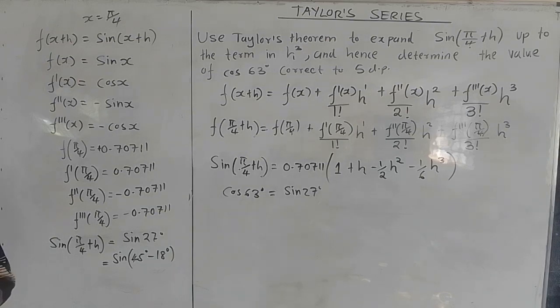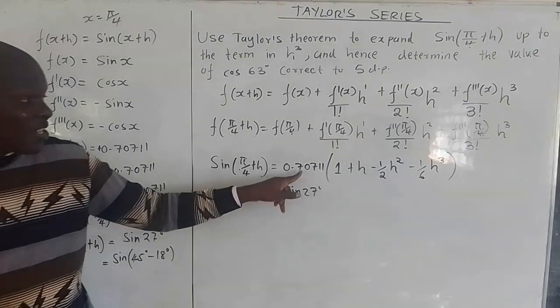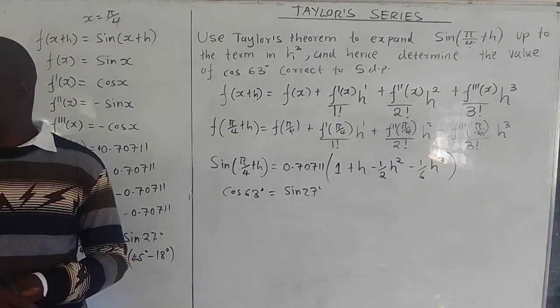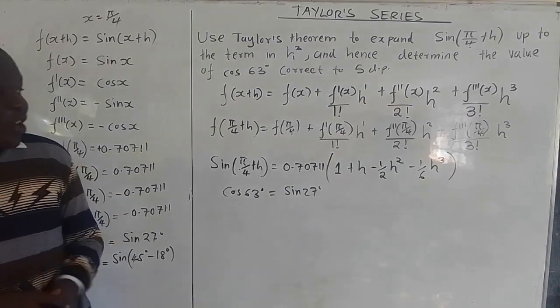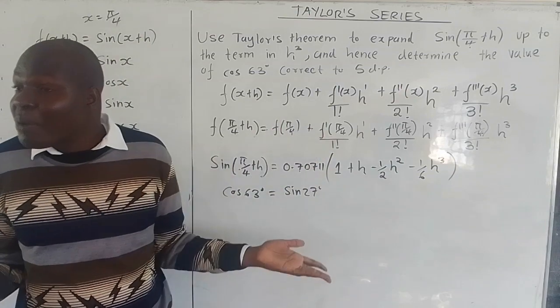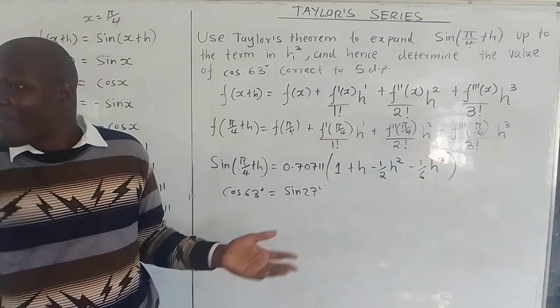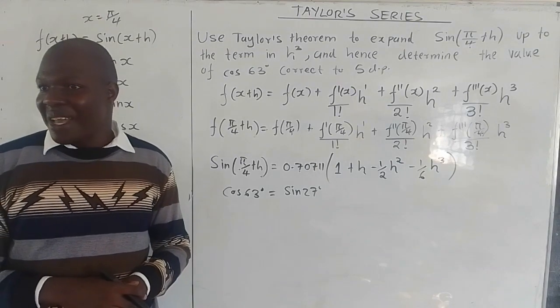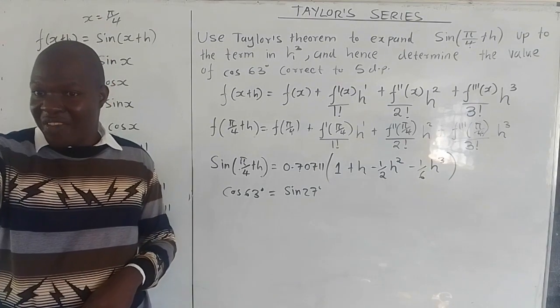h is negative 18, and you cannot evaluate it in degrees because you can see this value here is pi radians, so h must be in radians. Are you seeing what I was trying to say? Because when you multiply by 18 degrees, and this is a radian, is that even making sense? Meaning that degrees must be converted into radians.